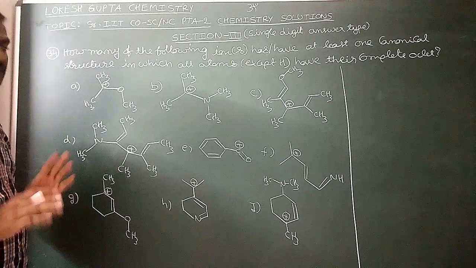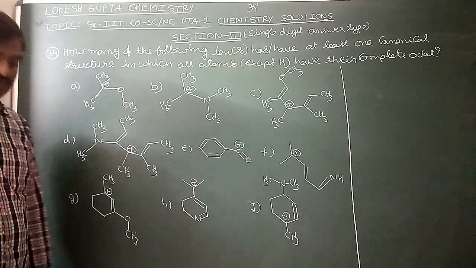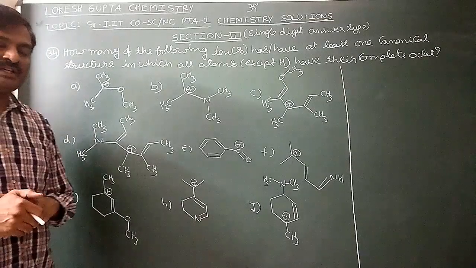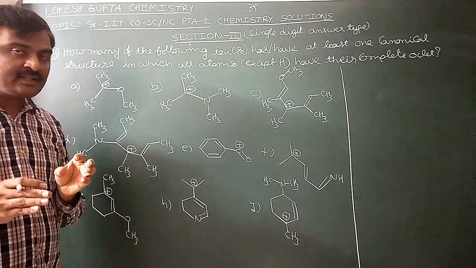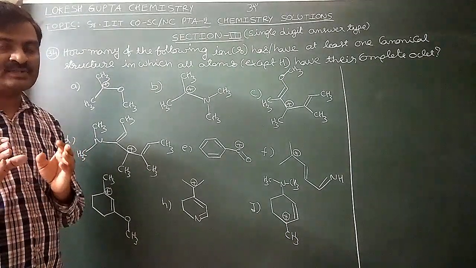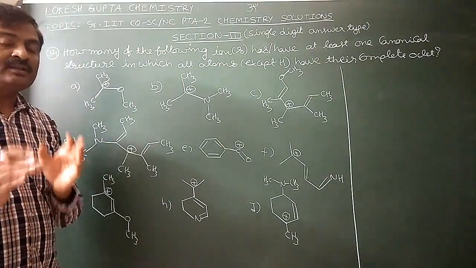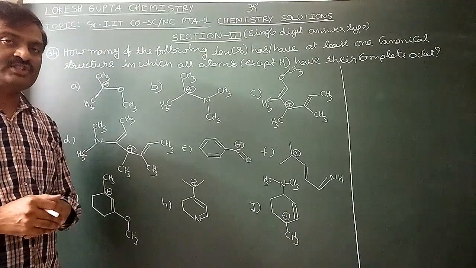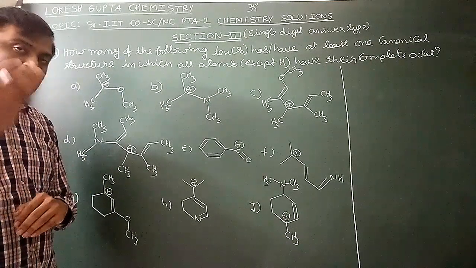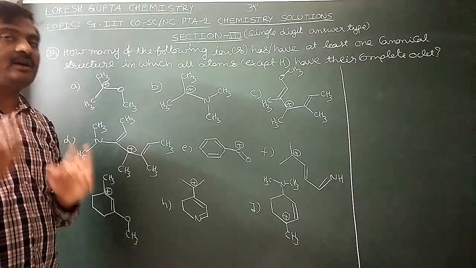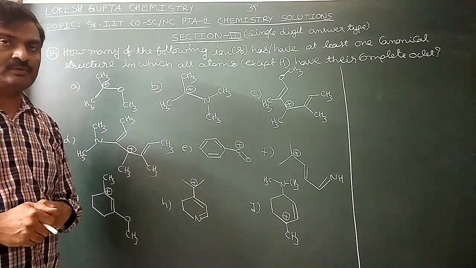Now how to answer this one? To the carbocation C plus, if a lone pair like nitrogen, oxygen or fluorine is attached, then that one is more stable. Why? Because in one of their resonance structures, all atoms satisfy the octet rule.